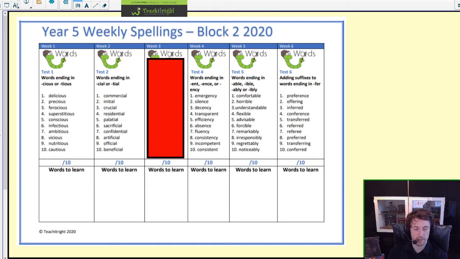Number 7, if something is very important, if it matters quite a lot, we would describe it as being significant. Number 7, significant.